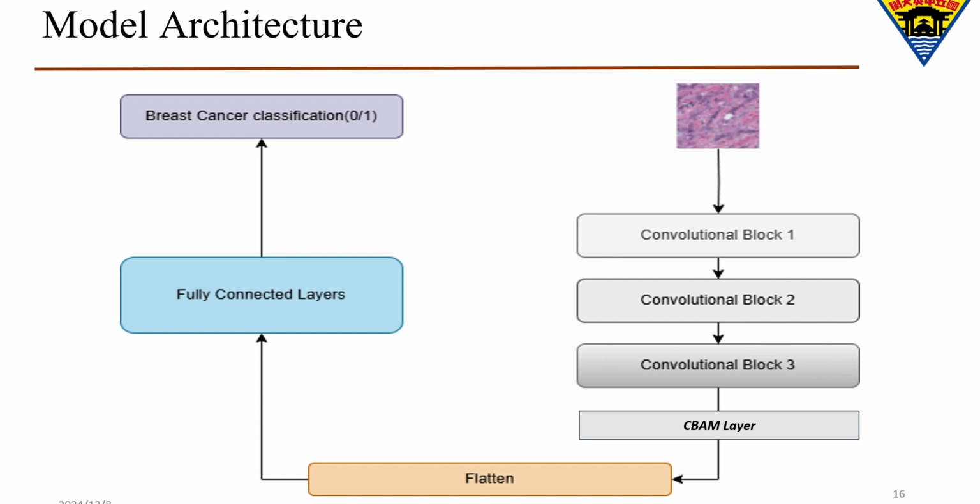It's the most important CBAM layer, because we need to extract more features, and later we're going to say what's in the CBAM layer. And then we go into the flatten part. After the flatten part, we do the fully connected layers. Then we get our result: 0 for non-cancer, 1 for cancer.